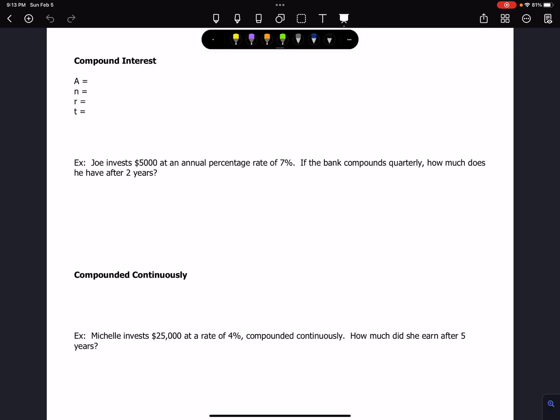So let me show you this formula, the compound interest formula, and you may be familiar with it. It's A equals P times the quantity, 1 plus r over n raised to the nt power. There are no x's and y's, but there are still inputs and outputs.